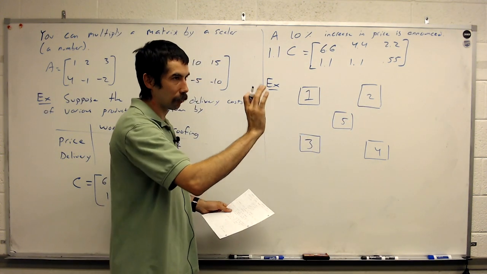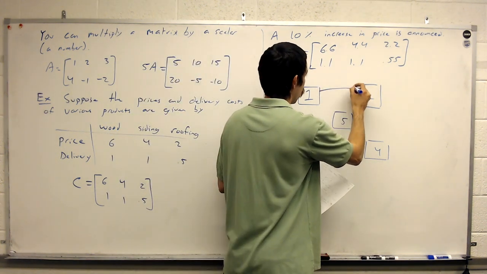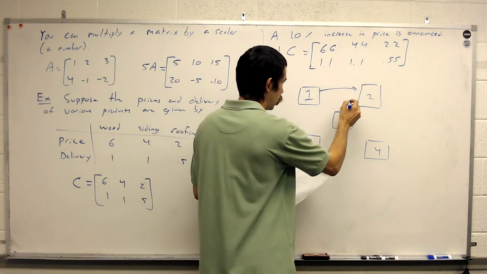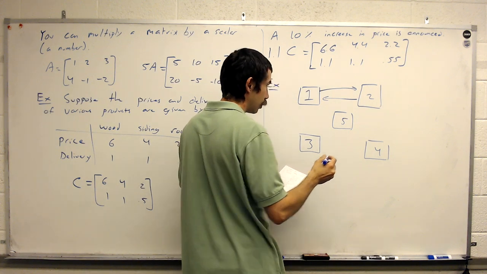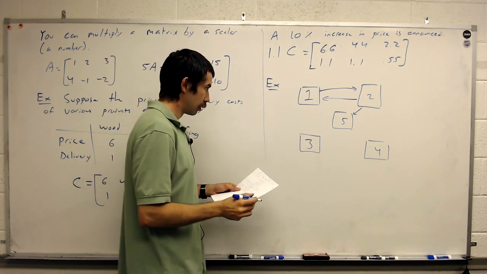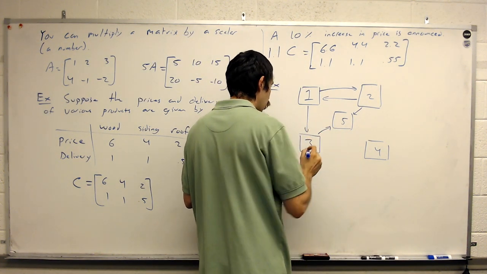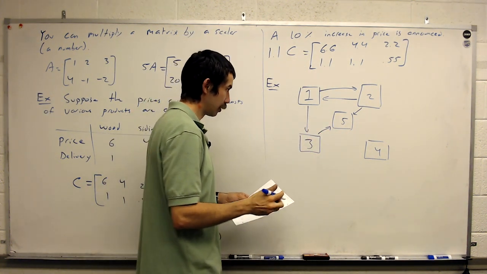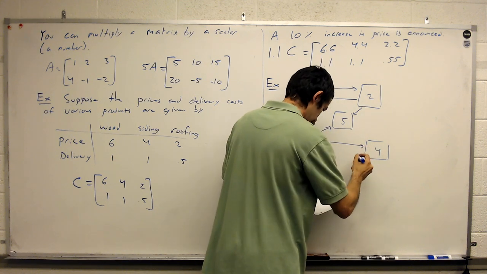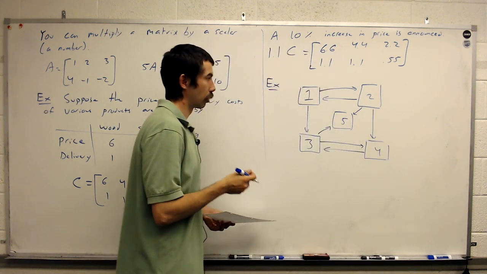You don't want to send paperwork up to your boss because then they'll get mad at you, all right? So suppose 1 could send paperwork to 2, and 2 could send paperwork back to 1. 2 could send paperwork to 5. 3 could send paperwork to 5. 1 could send paperwork to 3. And so forth.